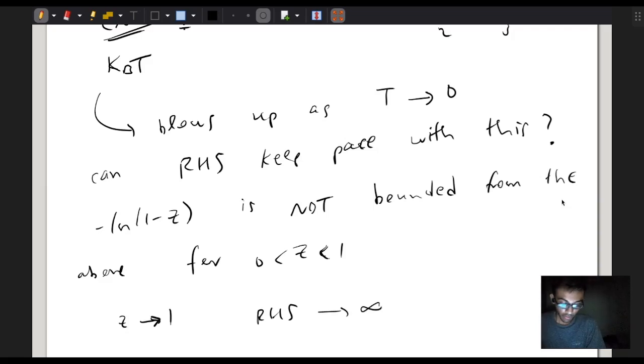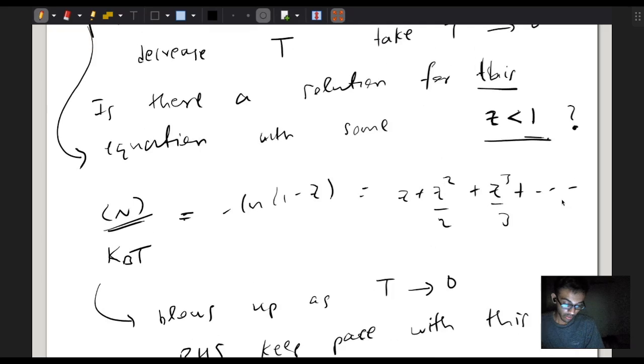So indeed, this can keep pace with the left-hand side, and there is a solution to this equation for any temperature. There is a z less than 1 which can solve this for you.